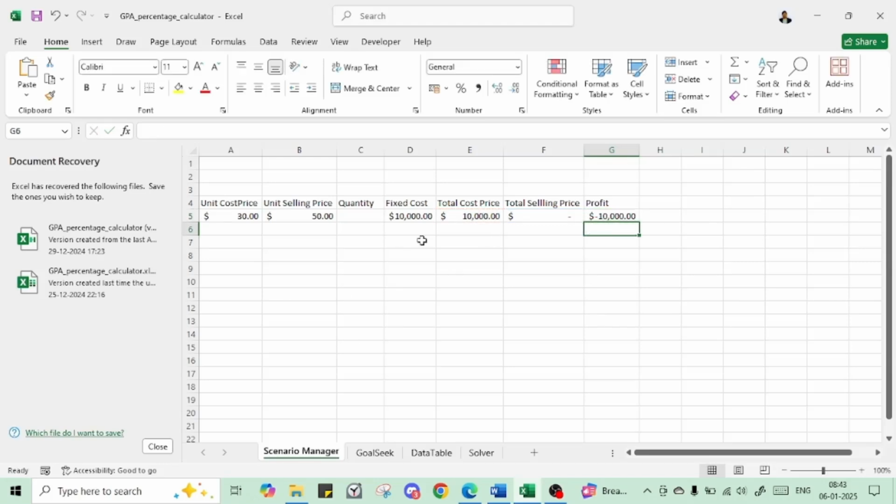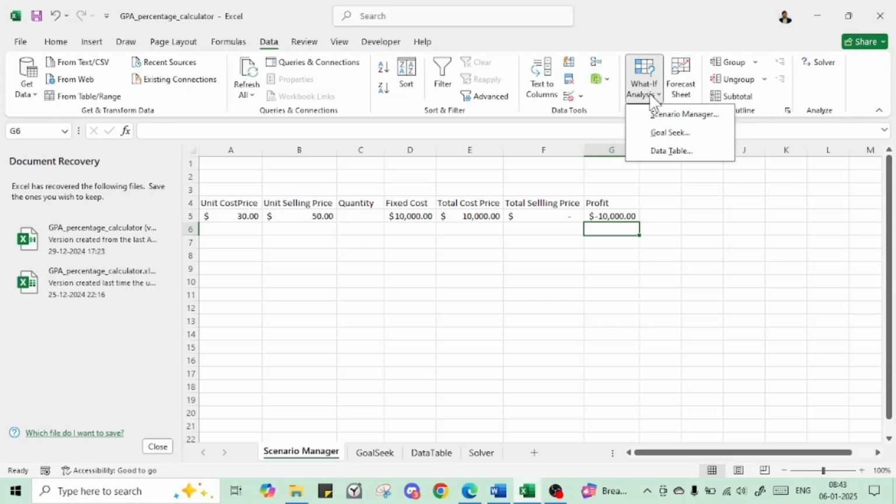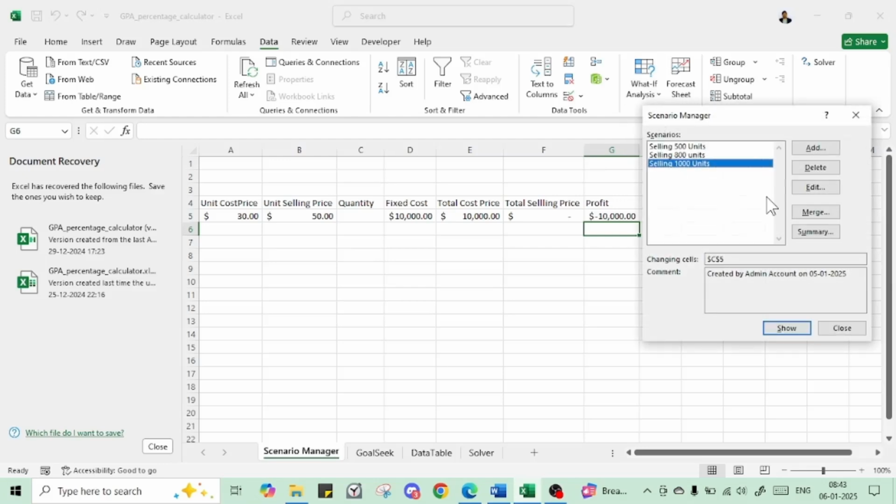So we have given the values as per the requirement and the data. Now we can give all the three scenarios. Let's go into the data tab, what-if analysis, scenario manager. I already created a few scenarios over here, but I'm going to explain again how to create a scenario.